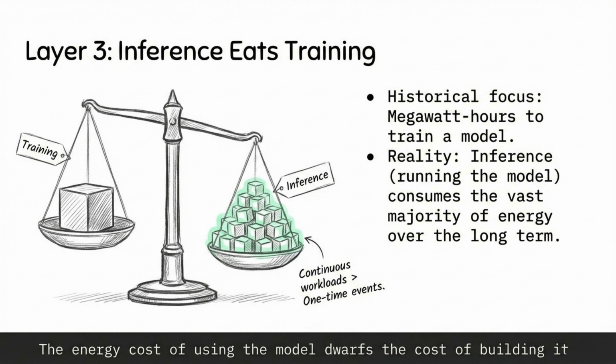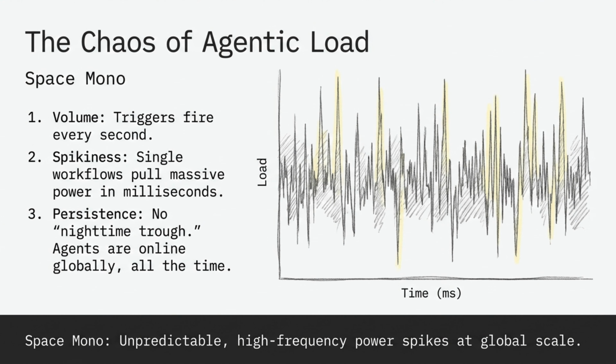The third layer is the one everyone is already talking about, data center power. For the last few years, most of the debate focused on training, how many megawatt-hours it takes to train a single large model. But it's becoming very clear that over the long term, inference is what eats most of the energy, not training. In an agent world, inference has some new characteristics.